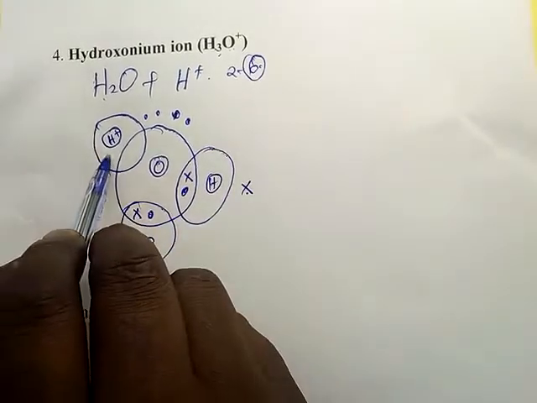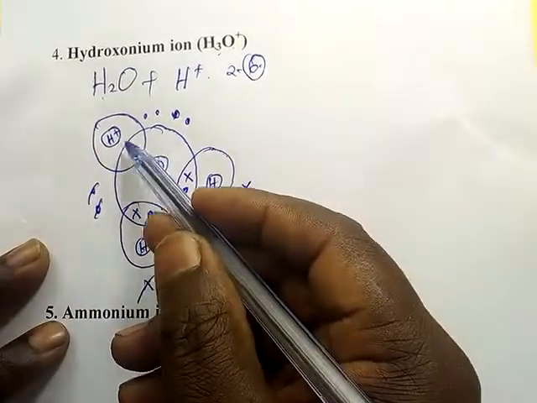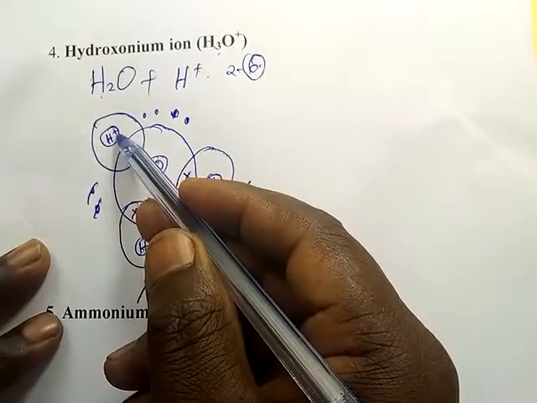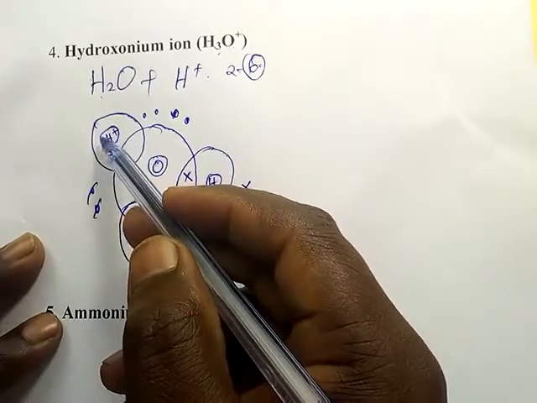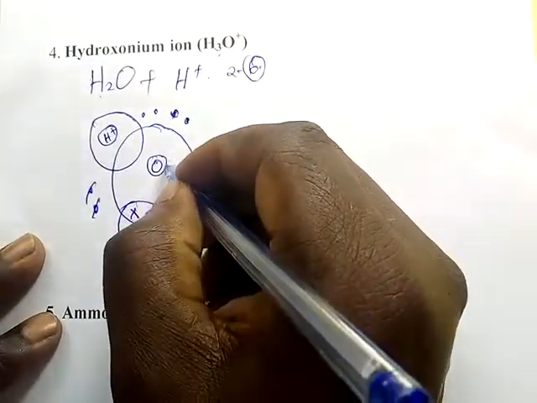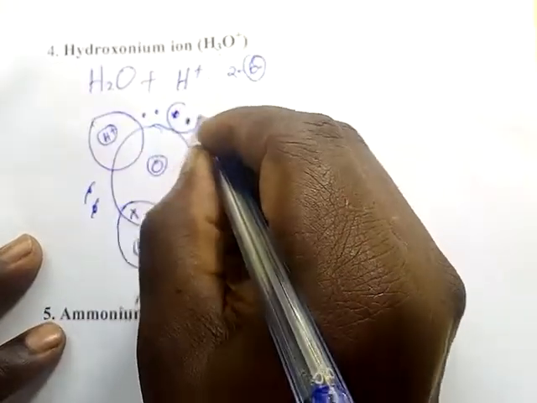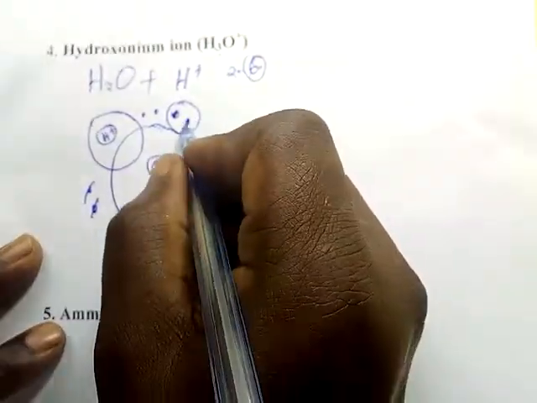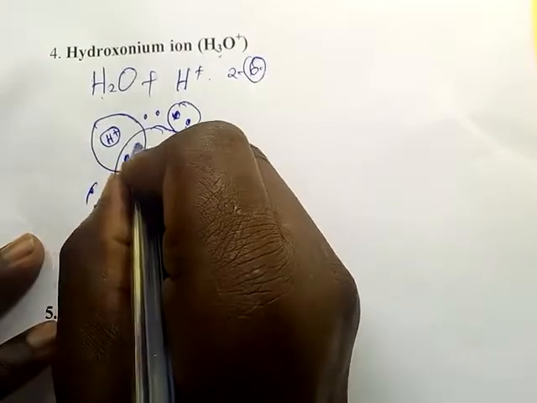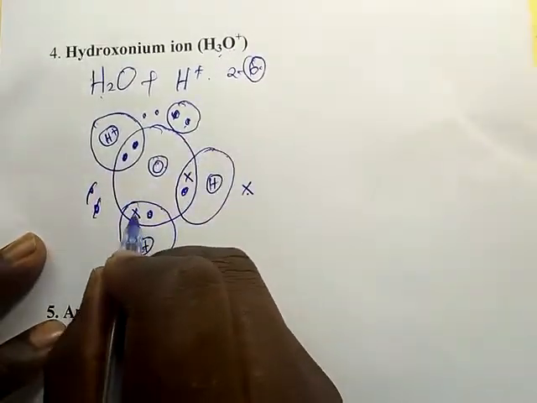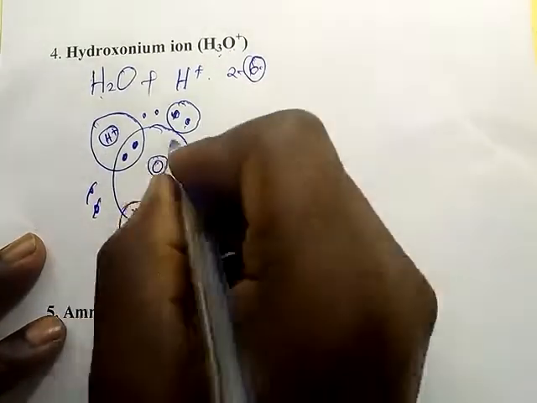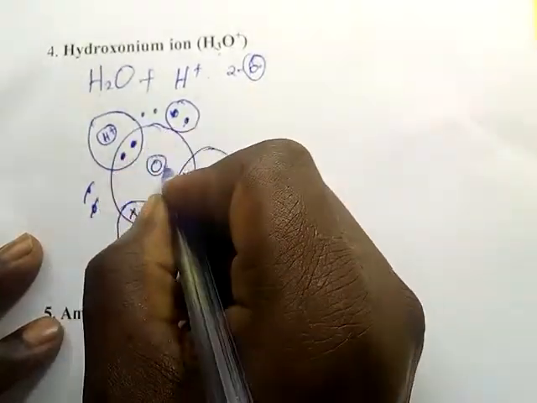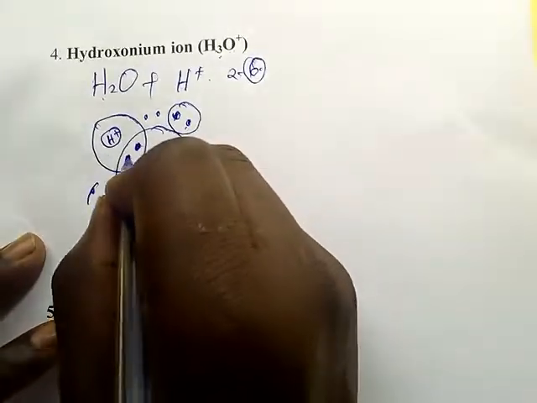But this one does not have an electron to be shared, because it is positive, meaning it lost its 1 electron. Therefore, oxygen provides a pair of electrons to be shared. This one provides 1, 2. Here you see it is X dot, but here it is X dot dot, meaning these are the electrons from oxygen.